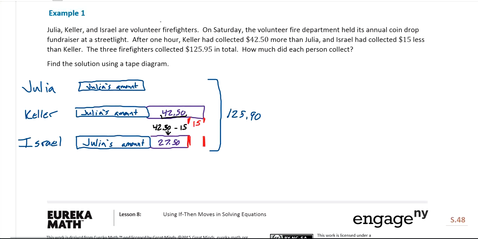The way to set this up, we're going to set up an equation, and we know that everything together equals $125.90, or I'm sorry, 95 cents. Good thing I caught that.